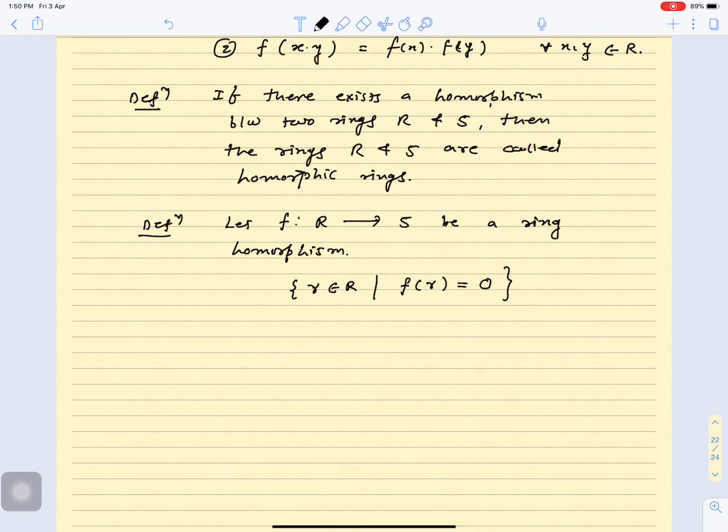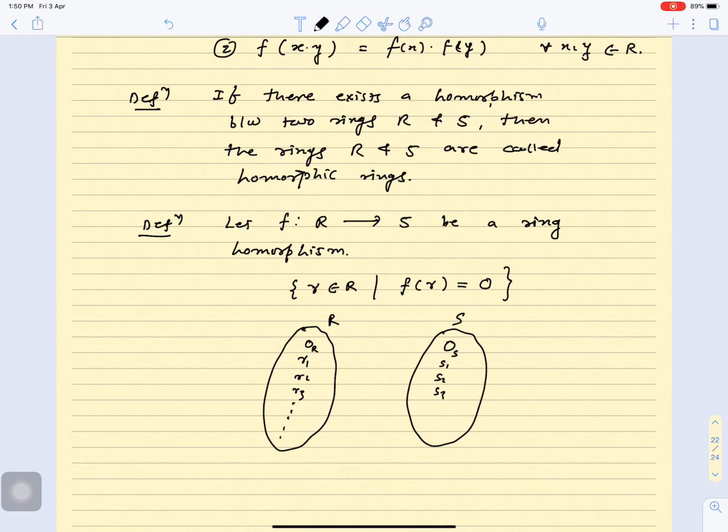So graphically, say this is R and this is S. Here 0 is the 0 element of R, then r1, r2, r3 and some elements, and this is the 0 element of S, then s1, s2, s3, s4 and so on.